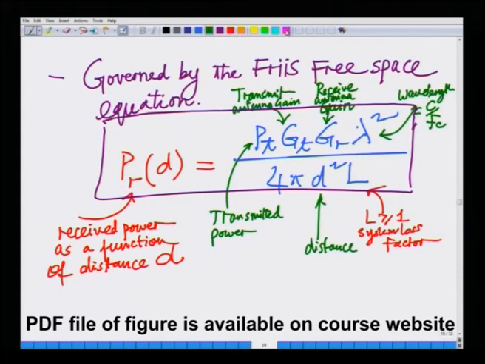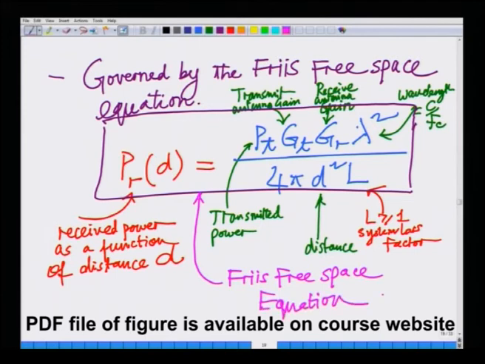Let me just write this again. This is nothing but the Friis free space equation. And now we can simplify this as follows.